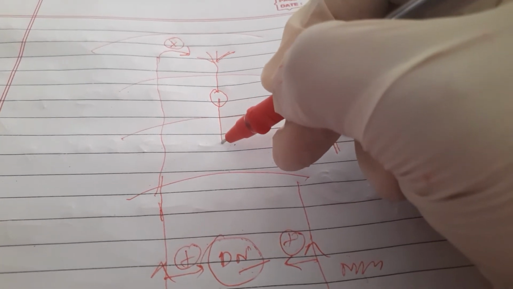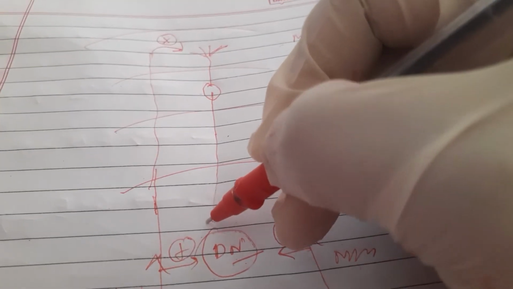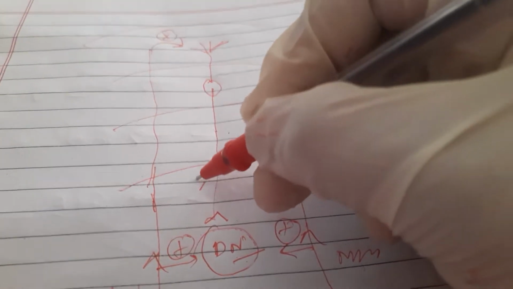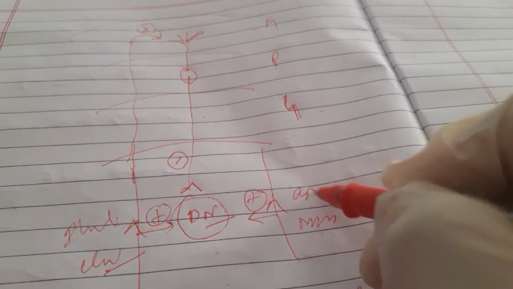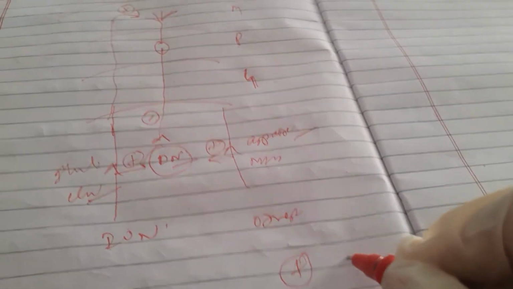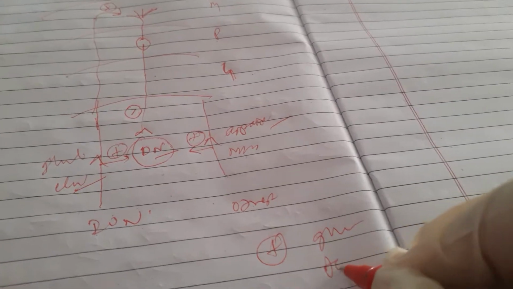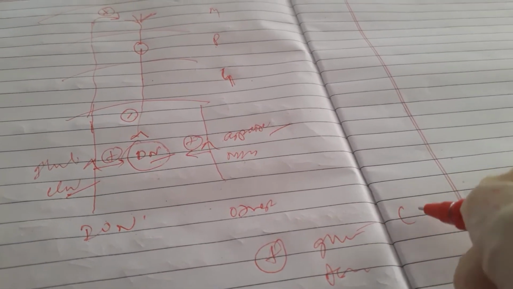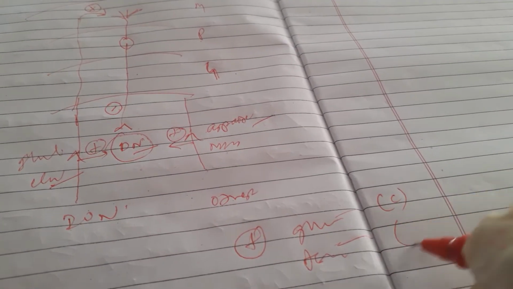The Purkinje cell axon goes to the deep nuclei, which it inhibits. The excitatory transmitter may be glutamate or aspartate; inhibitory in the whole of the cerebellum is GABAergic. In the case of the climbing fiber it is glutamate, in the case of the mossy fiber it is aspartate, and the negative is only one type, that is GABA.